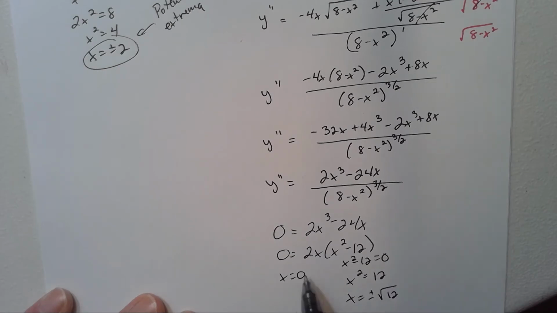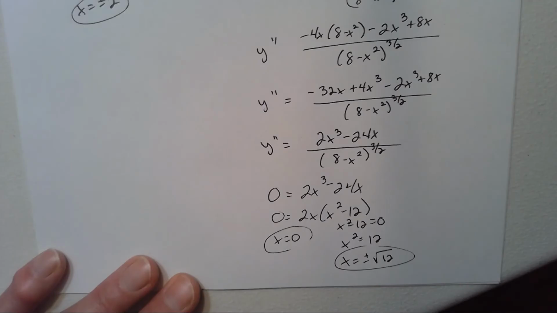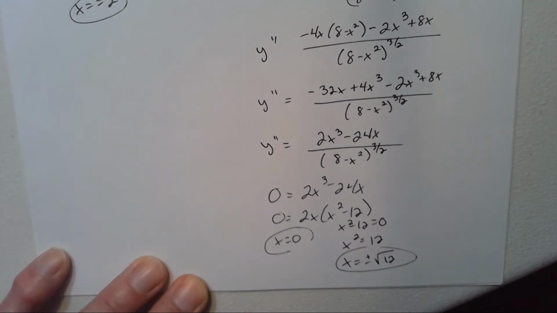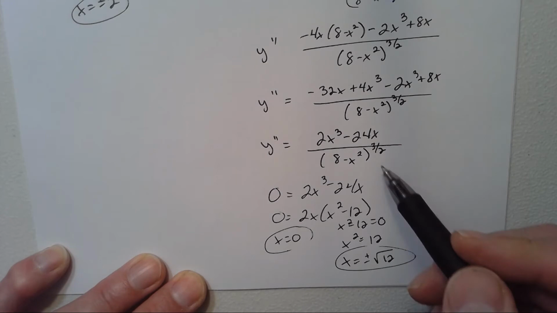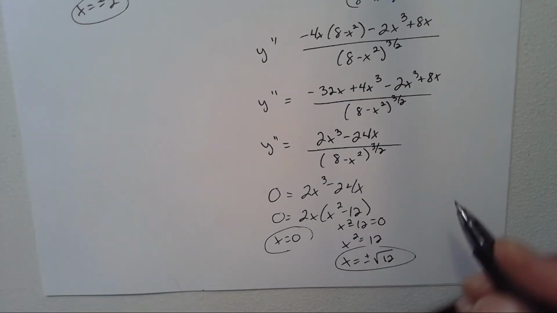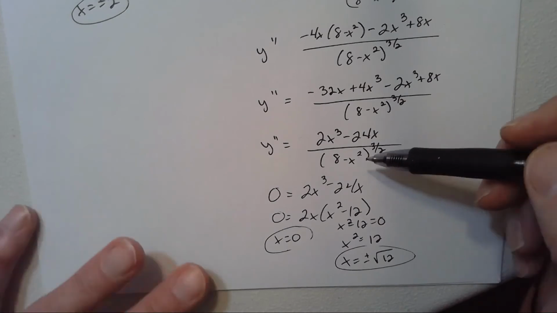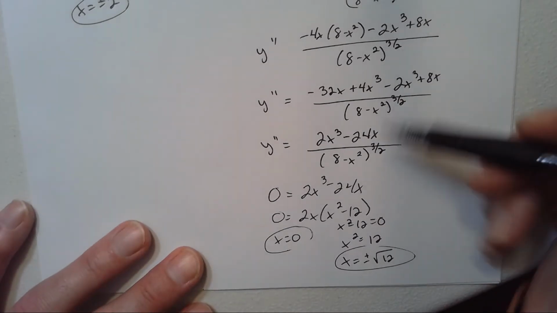Okay, so those are our potential inflection points, the x values of the inflection points. Actually, we might as well find the other potential inflection points at this point. So you can have an inflection point where the second derivative is 0 or is undefined.